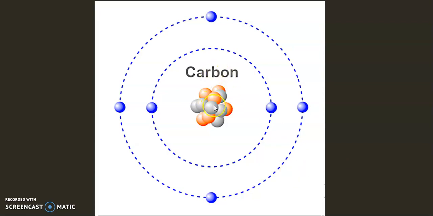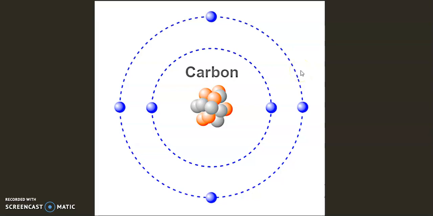From the previous video, you'll recall we talked about energy shells, electron shells, or electron orbitals. I'm going to stick with electron shells for this video. This one here, the closest, is the innermost electron shell for carbon, and then we have the outermost electron shell.